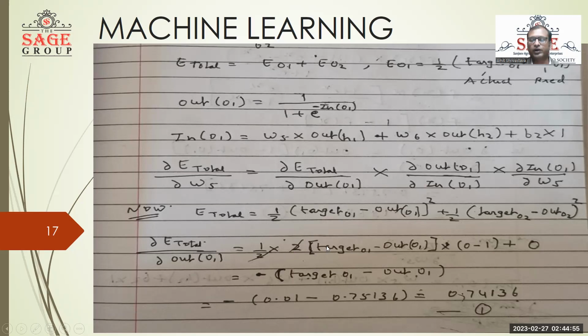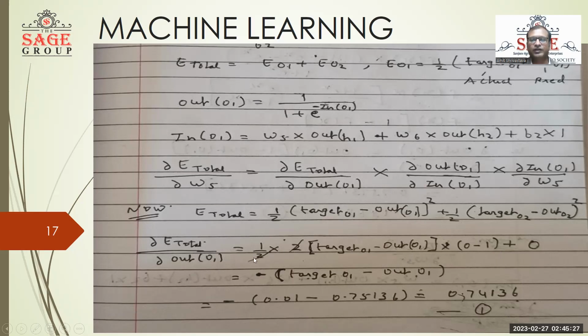So half into 2, then target O1 minus out O1 into, when I partially derivate target O1 with out O1, this will be treated as constant and it will become 0, minus out O1 with respect to out O1 will give me 1, right? Plus this second term is not connected with out O1, so it will be treated as constant and it will become 0.